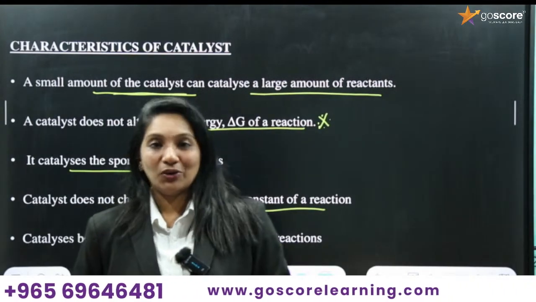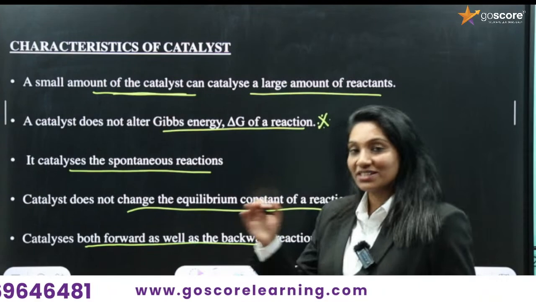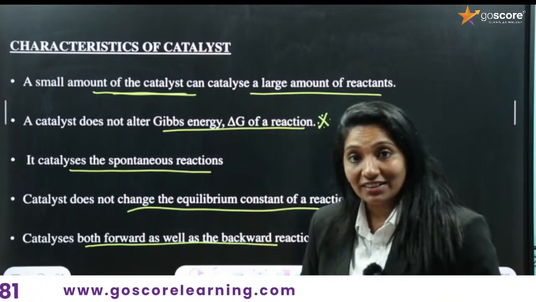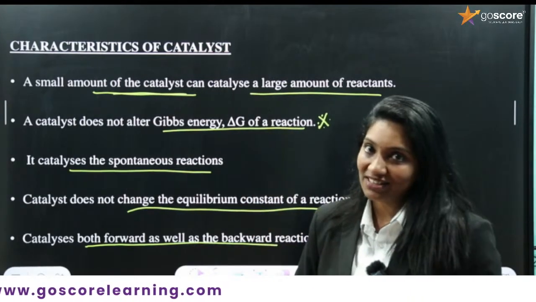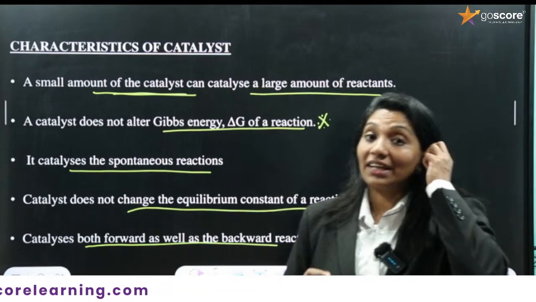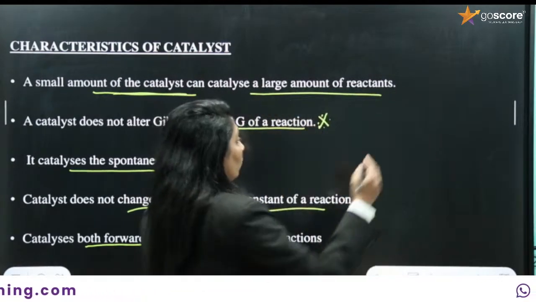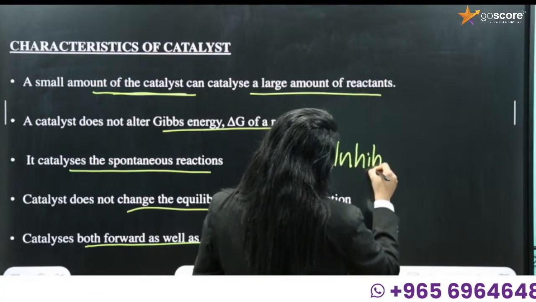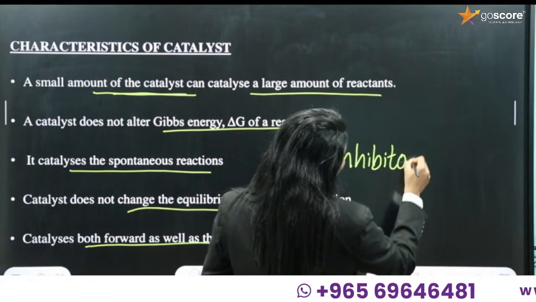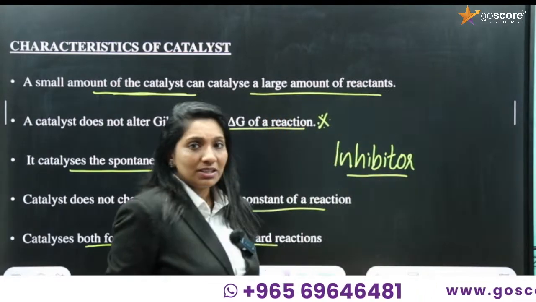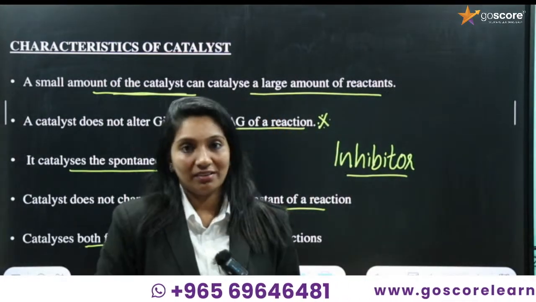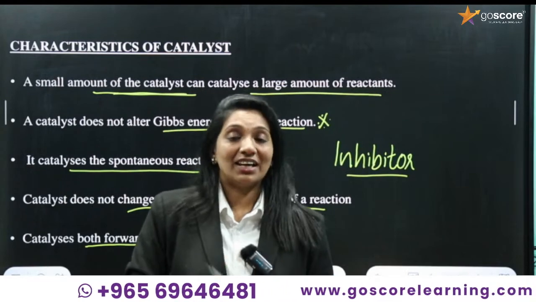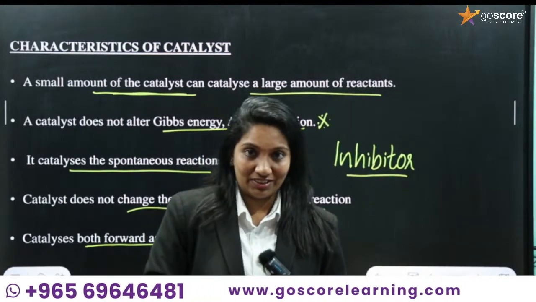Okay? I hope what a catalyst is, the effect of a catalyst and the characteristics of a catalyst are clear. While learning the catalyst, you should know one more term, that is inhibitor. So what does inhibitor mean? Inhibitor means it will inhibit the reaction.